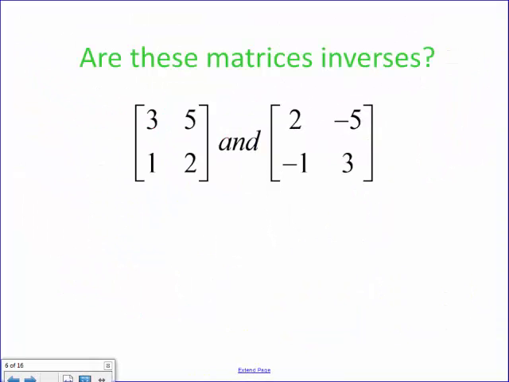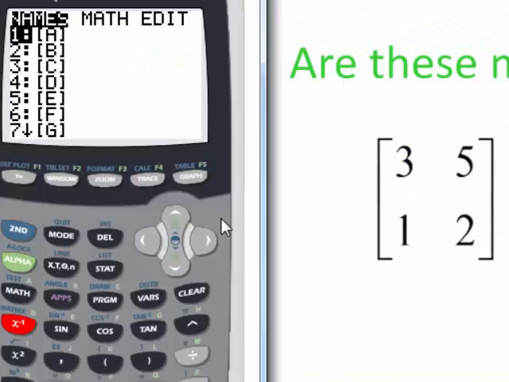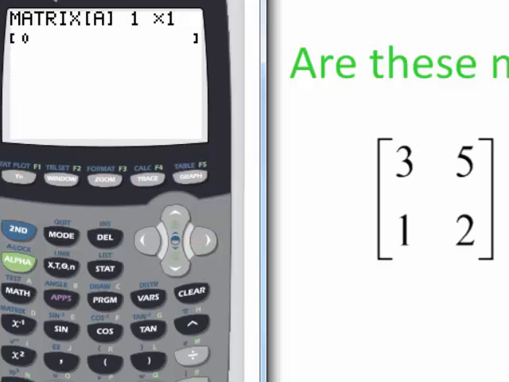So are these matrices inverses? Well, how would I check? We would multiply them to see if it would equal 1, 0, 0, 1. So let's go ahead and do that. Let's grab our calculator. Remember, we hit second matrix, and we got to go over to edit in order to enter some in. And it looks like I have a 2 by 2, and I got 3.